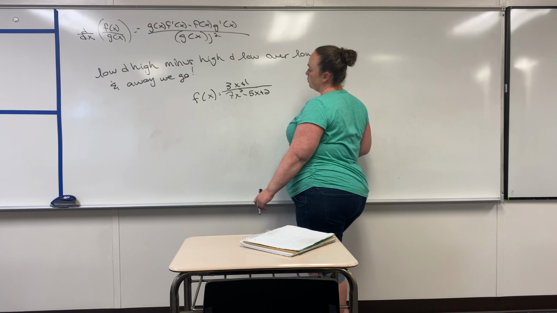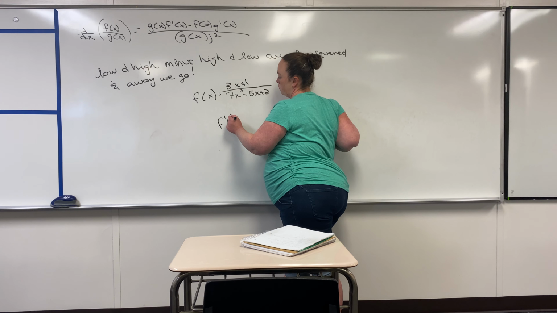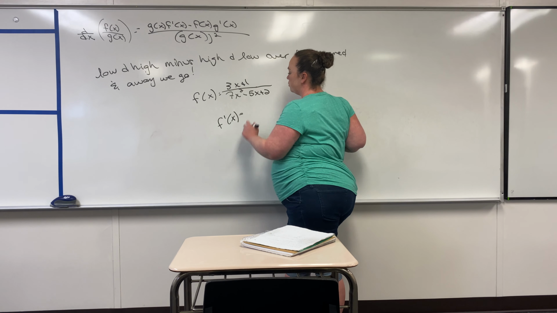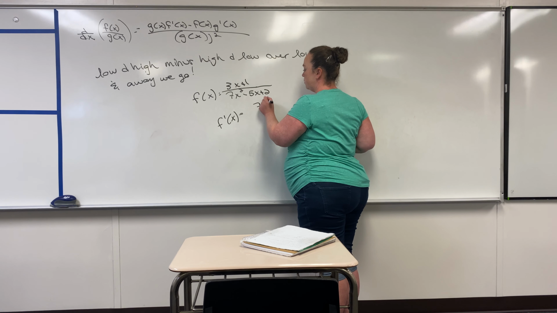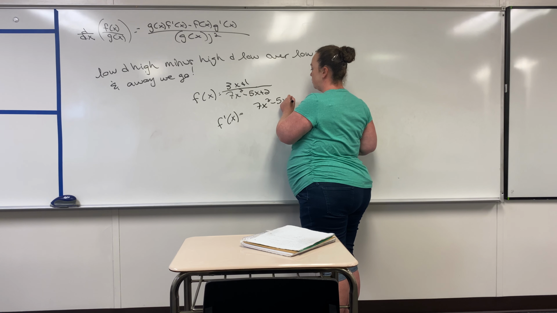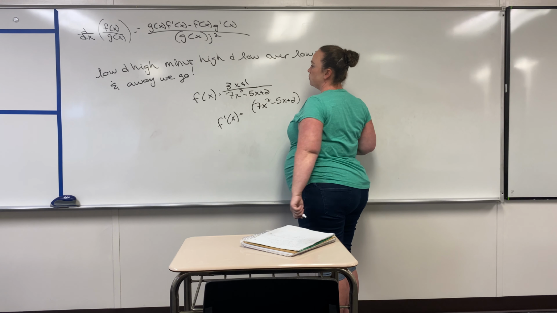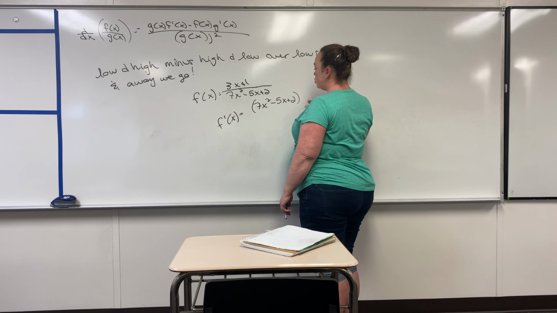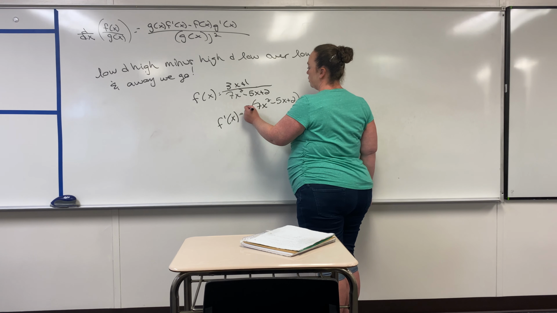So, it says high, low, D high. So you rewrite the bottom. D high is the derivative of the top. And the derivative of the top part is just 3. Don't put it back here. It's weird. Put it in front, okay?